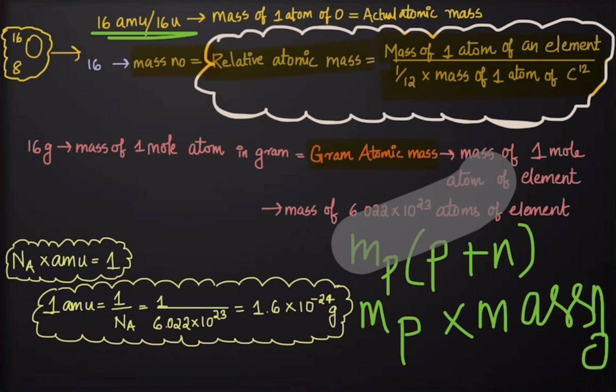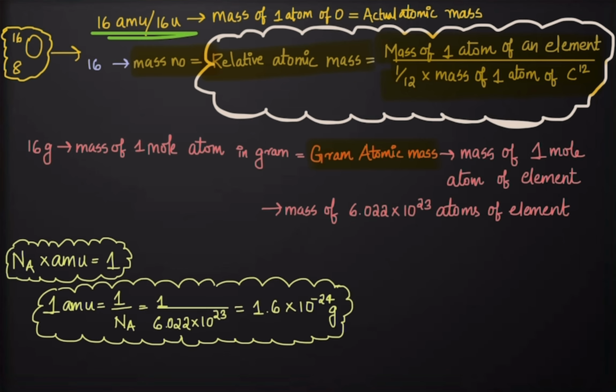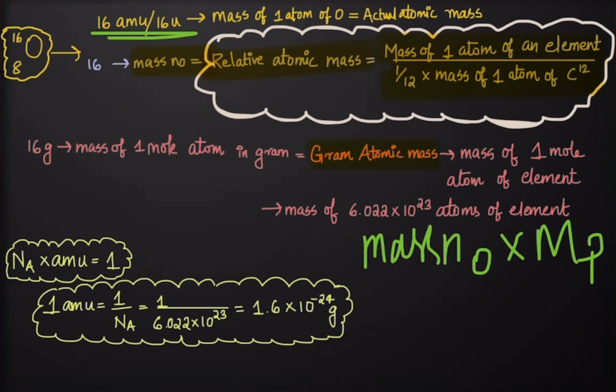So we can write that the mass of one atom of an element, in case of oxygen, is mass number into mass of proton. Relative atomic mass is the mass of one atom of the element divided by 1 by 12 into the mass of one atom of carbon 12.